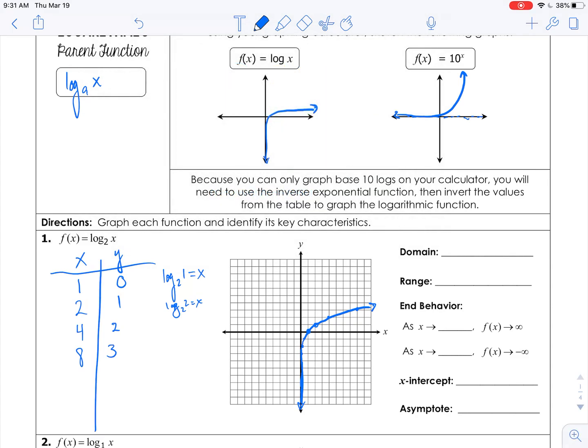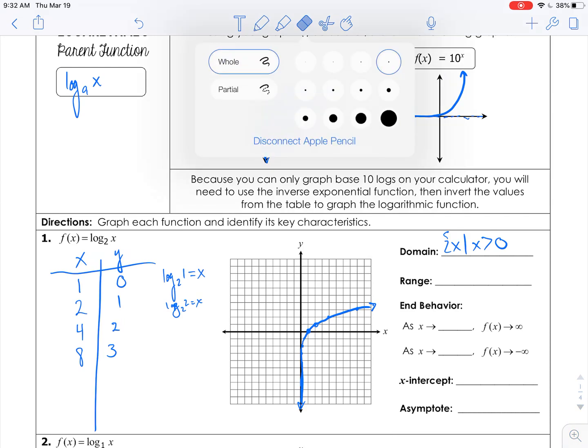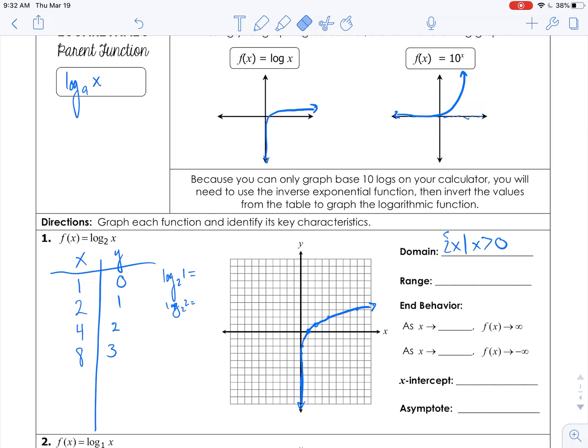So our domain, our x values. So here's my x-axis. What x values am I getting here? I'm just getting x such that x is bigger than 0. So no matter what number I plug in, 2 to the -1 millionth power, I'm never going to get 0. This might be misleading.